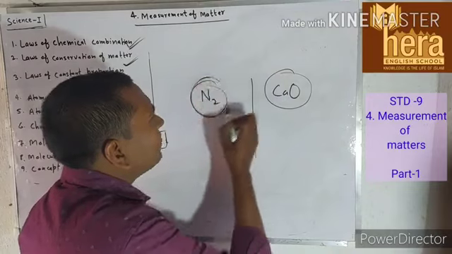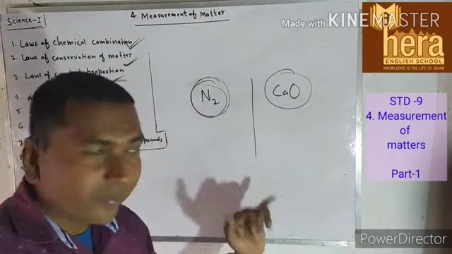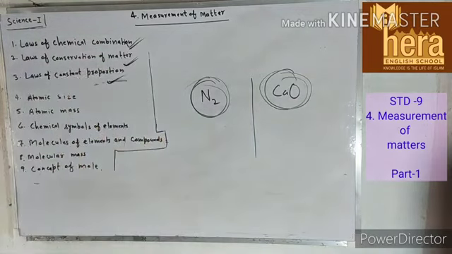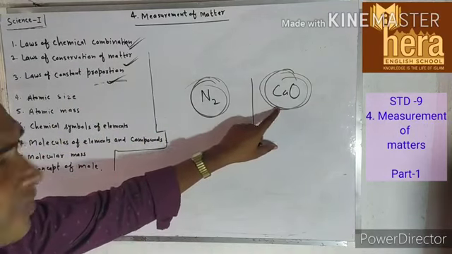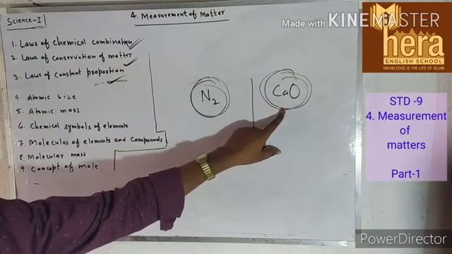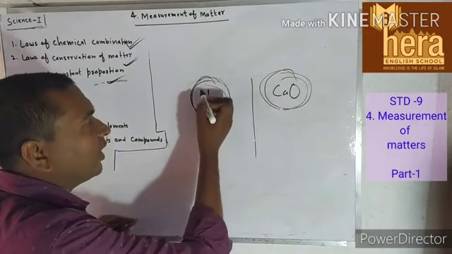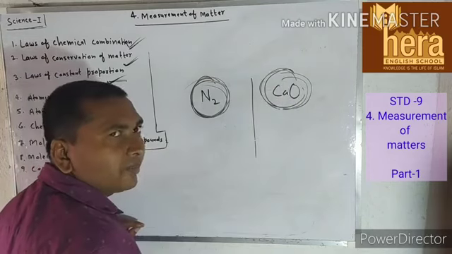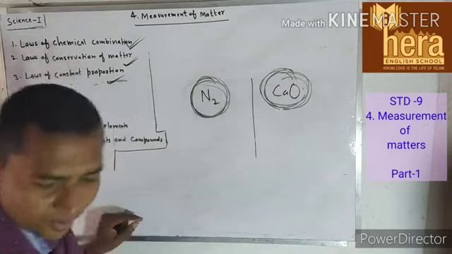But in this case both the atoms are the same, while here both the atoms are different. So this is called a compound, and this is called simply an element. Nitrogen N2 is the element, but since there are two or more than two different atoms, that is called a compound. Okay.